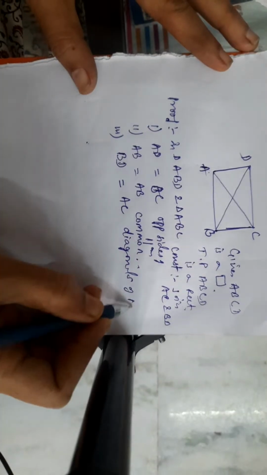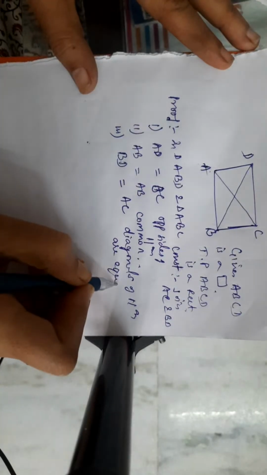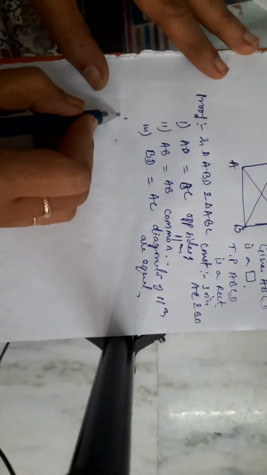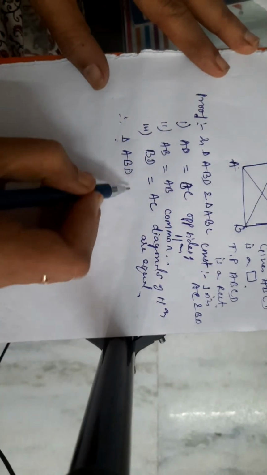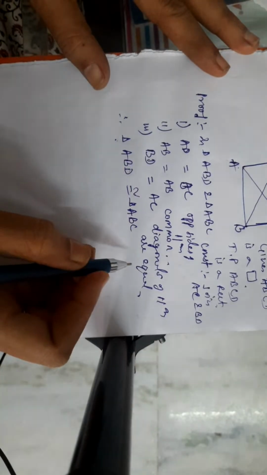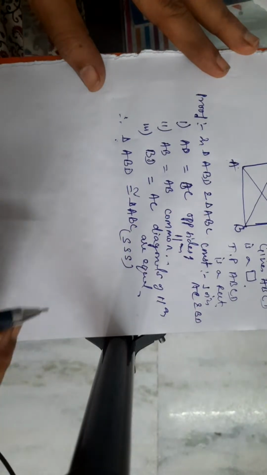Diagonals of a parallelogram are equal. So this is how we made both the triangles congruent. Therefore, triangle ABD is congruent to triangle ABC. This we made by side, side, side, SSS.